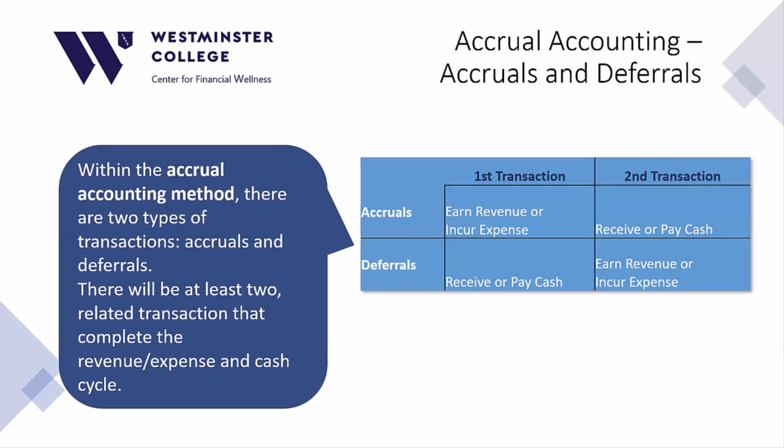So that's what the items at the very top are, the accruals right here. If the cash is received or paid first, with the earnings process happening later, this is called a deferral, and that's on the bottom of this little diagram. Both accruals and deferrals are recognized or used in the accrual accounting method.